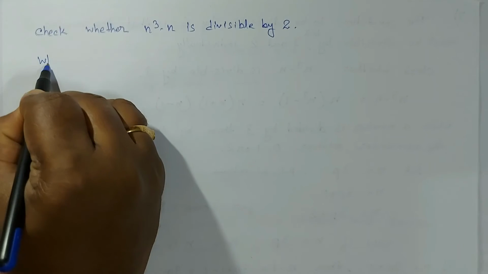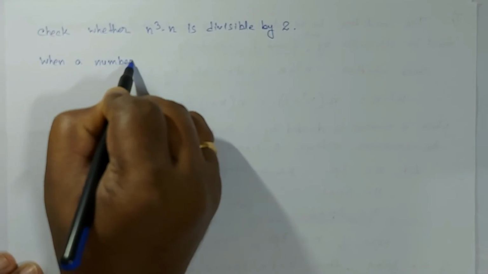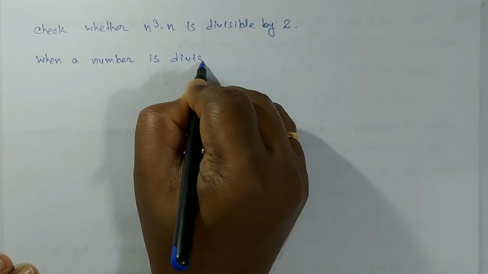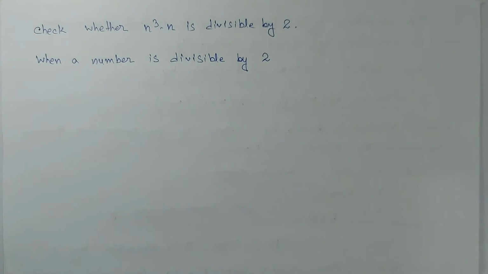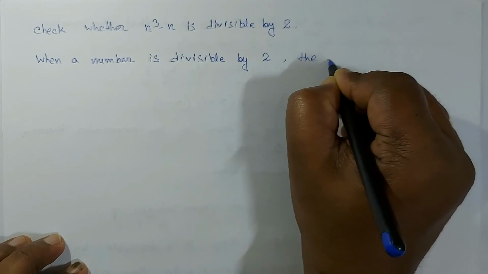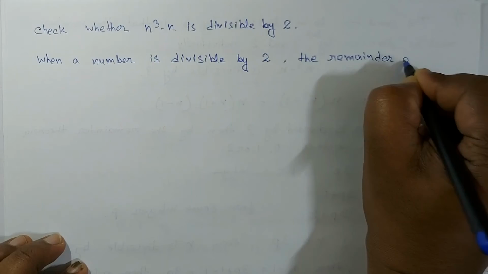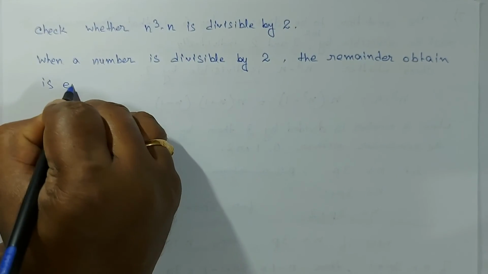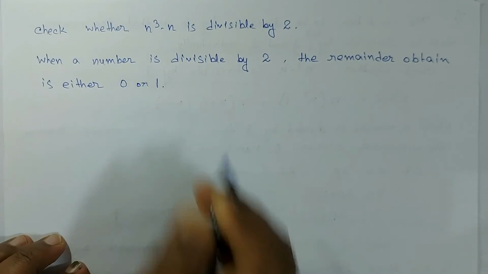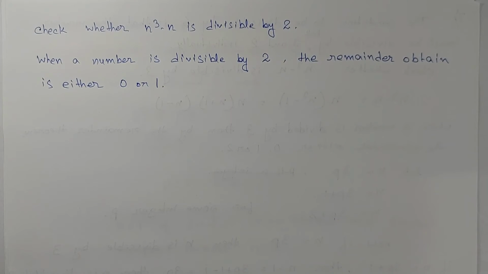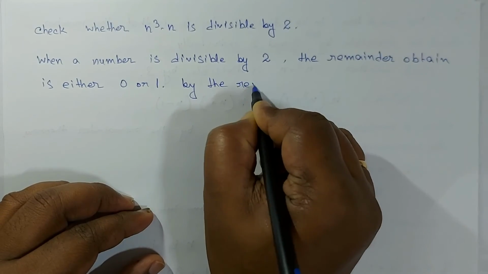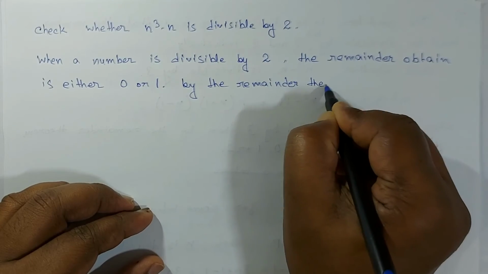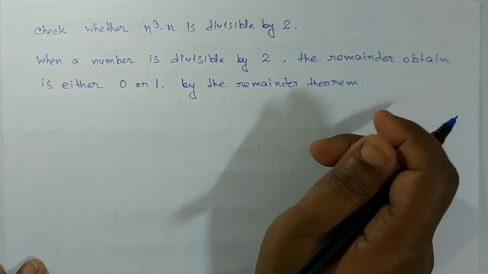When a number is divided by 2, the remainder obtained is either 0 or 1, by the remainder theorem. Okay.